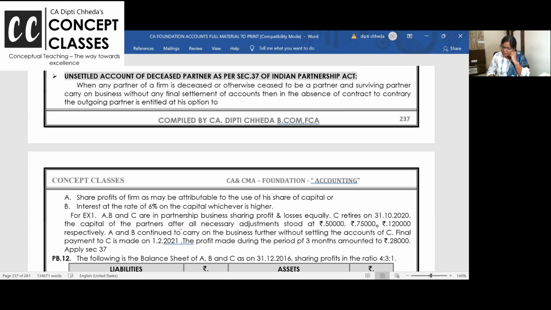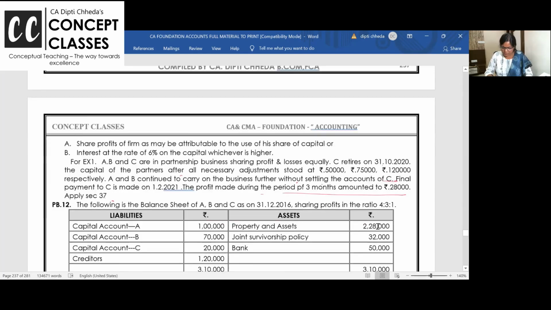A and B continue to carry on business. Final payment of C is made on 1st of February, whereas he retired in October. So November, December, January. Yes, he can demand the 6% interest on the capital of C, or for these 3 months the profit is 28,000. He can demand profit in the ratio of his capital. I want to work out this small example.